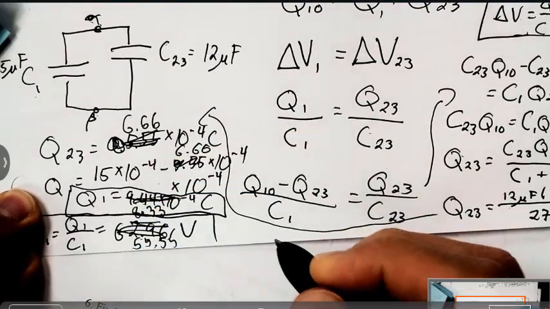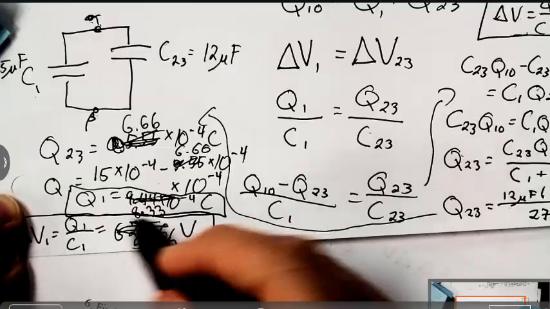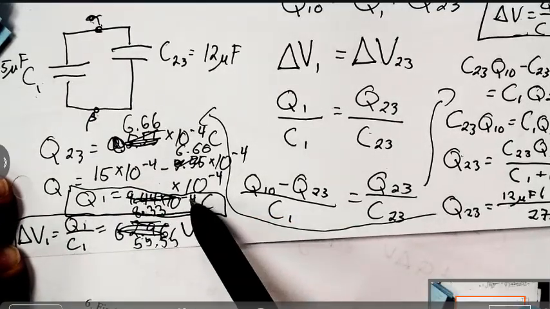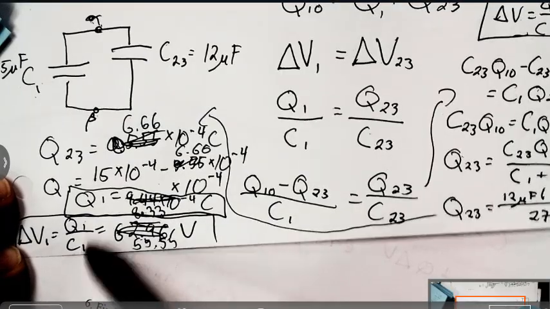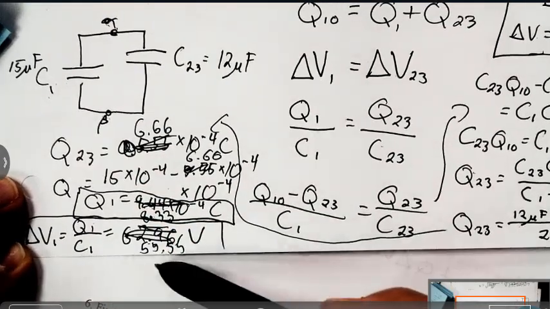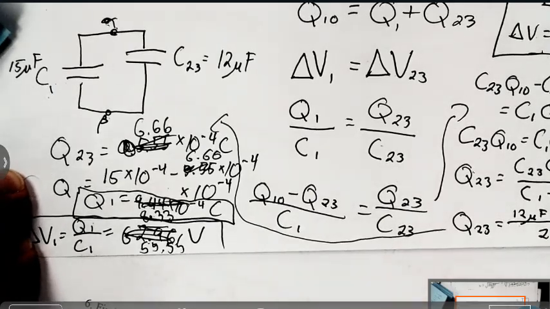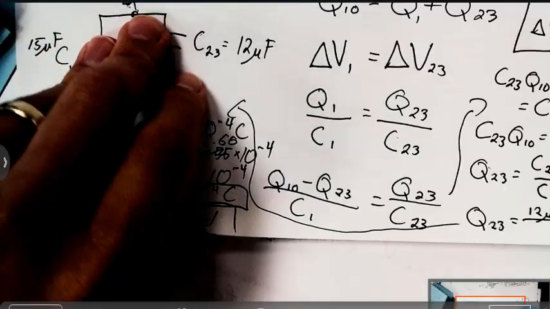And that gets me a new voltage, because again, the voltage difference across the first capacitor is Q1, 8.33 times 10 to the minus fourth, divided by C1, which is 15 microfarads. When I divide those, I get 55.55 volts.